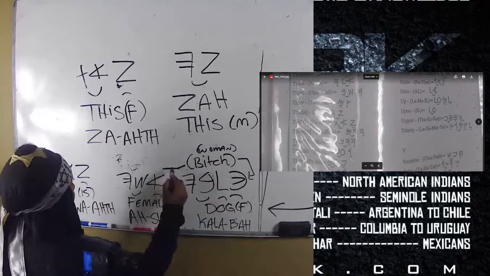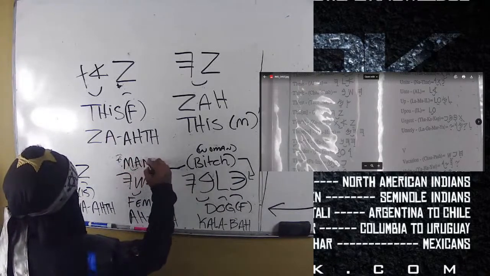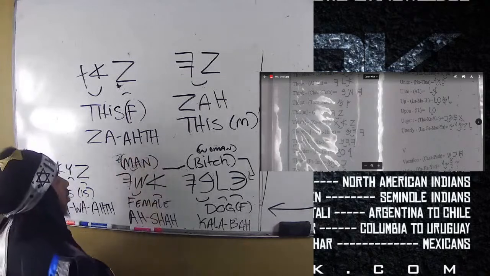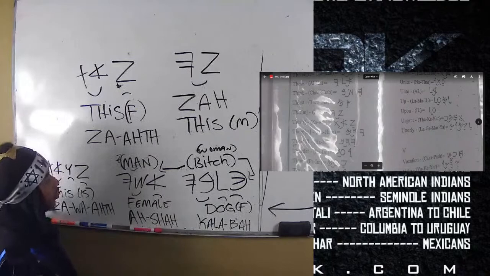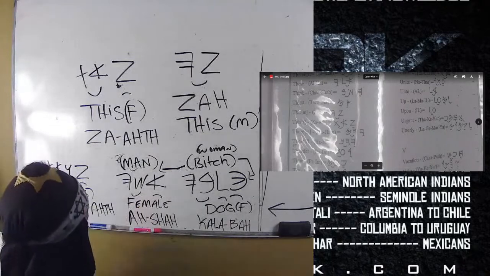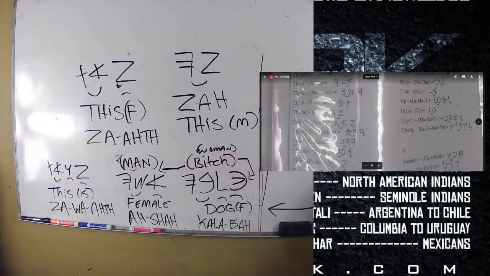You want to say it for a man, you call him a shah. So that's a woman, that's a man. Because you're calling a woman a female dog, and you're calling a man a girl.